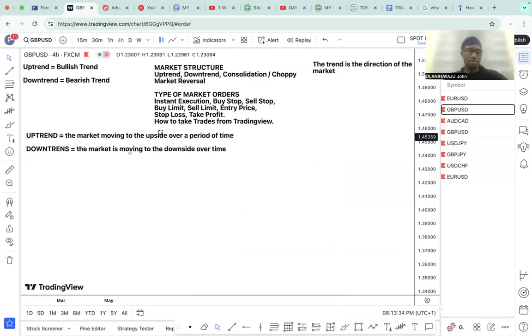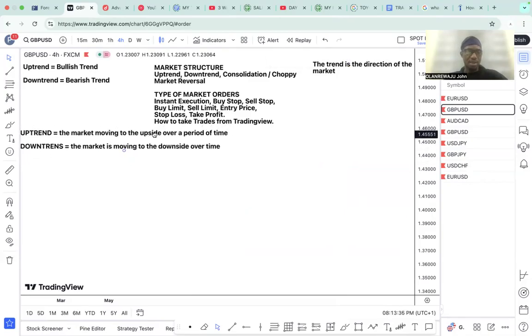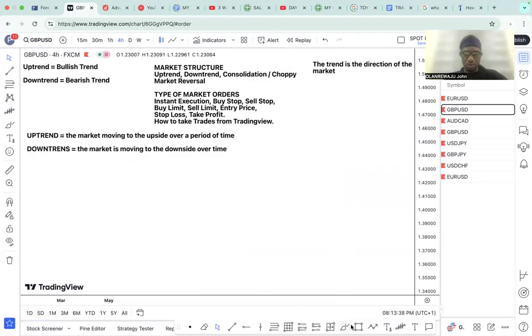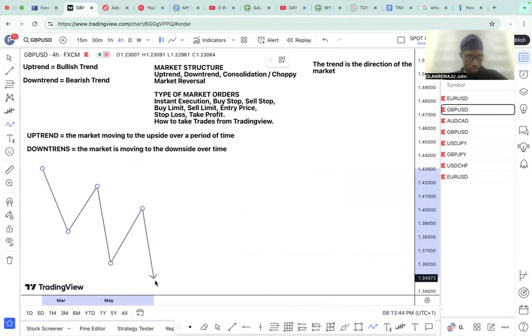And then for a downtrend, like you saw on Babypips, what will you see? You see a series of lower lows and lower highs.